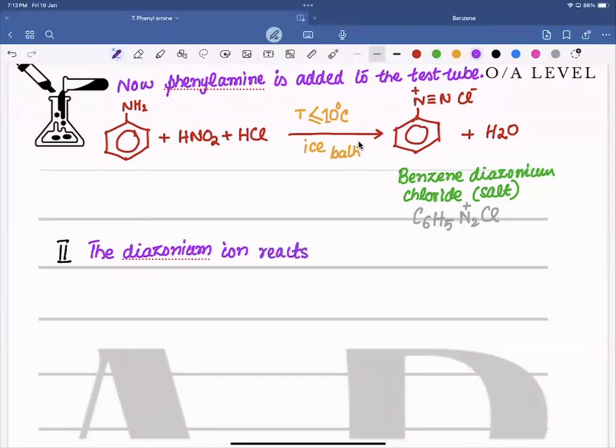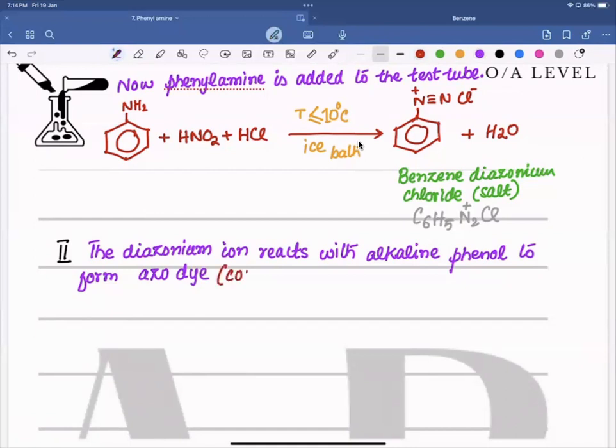And we know that all aromatic compounds, the compounds which have a benzene ring, undergo electrophilic substitution. So if I add phenol to it, the diazonium ion will act as an electrophile for that phenol. This diazonium ion displaces a hydrogen and is substituted on the benzene ring of the phenol. The compound formed here is called an azo dye, and this reaction is called a coupling reaction.